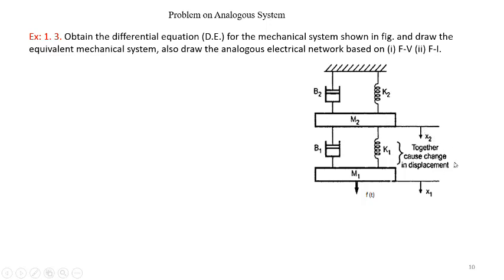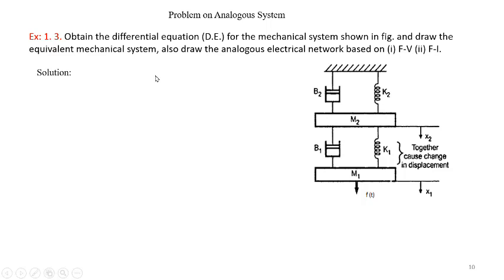Together they cause the change in displacement. We have damper B1 and spring K1 between mass 1 and mass 2, and between mass 2 and the reference we have the damper B2 and the spring K2.